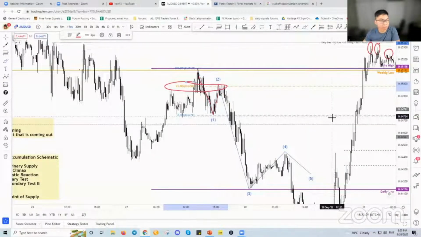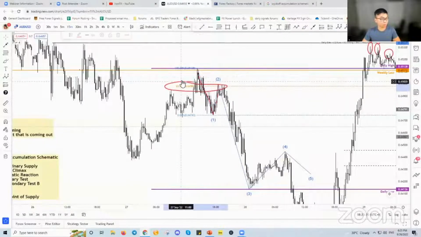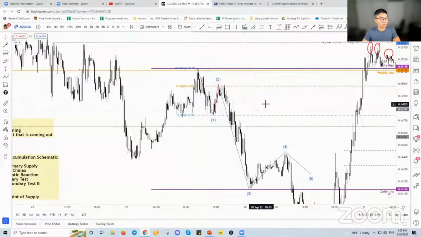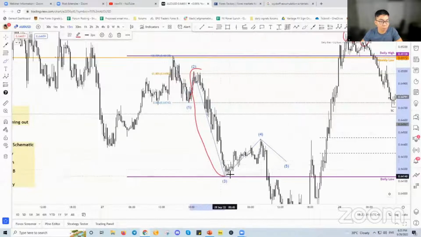Price always has to do so. It's a fixed set of rules that cannot be broken. Moving on, wave 3 always has to be the longest, but we cannot predict when wave 3 will end. So we just let it ride, let it run.